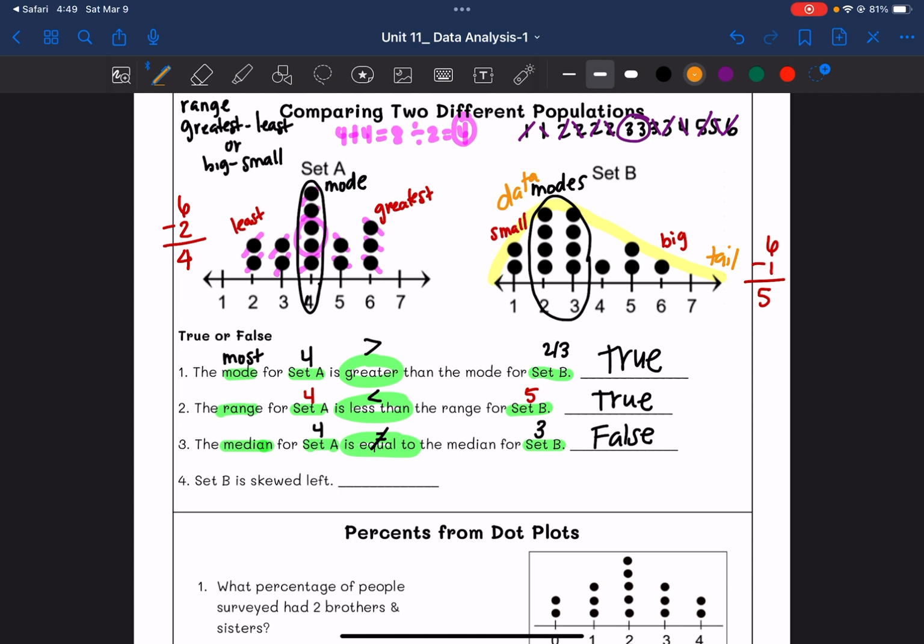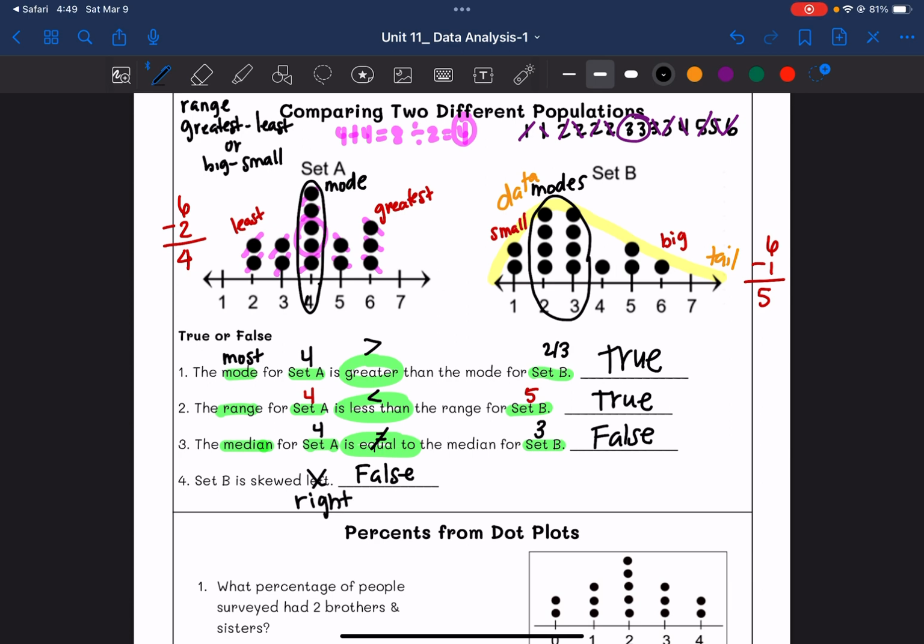So that means that it's not skewed left, this is skewed right because the tail is on the right. So this one is false because it's not skewed left, it is skewed right.